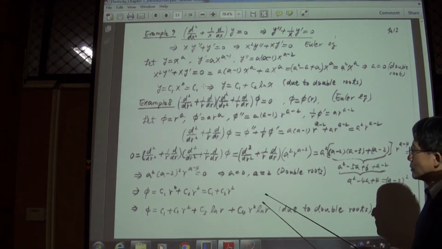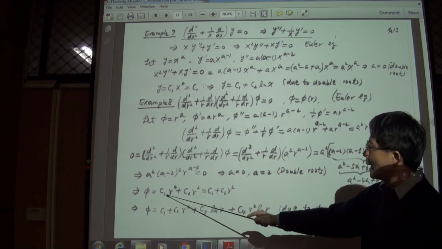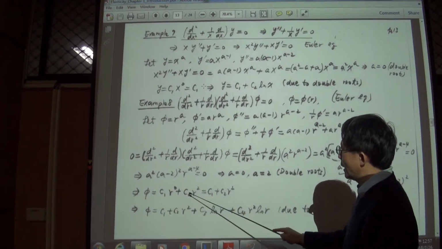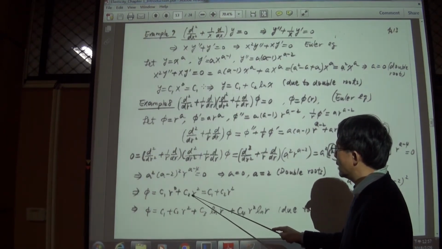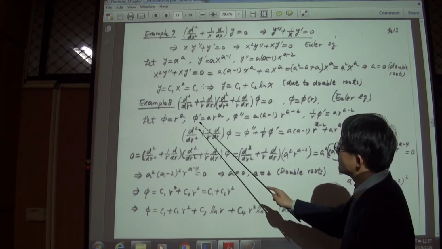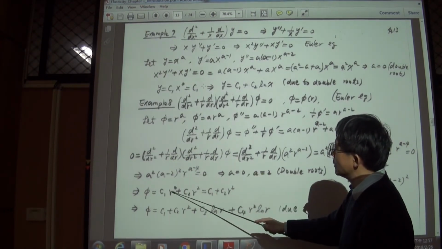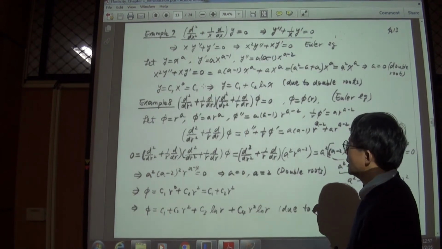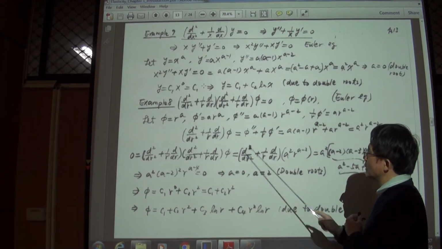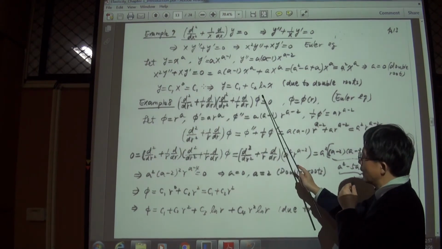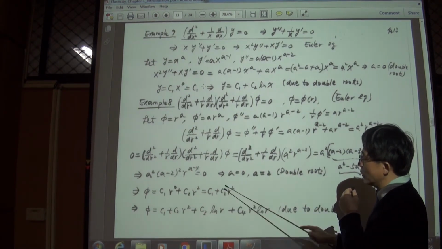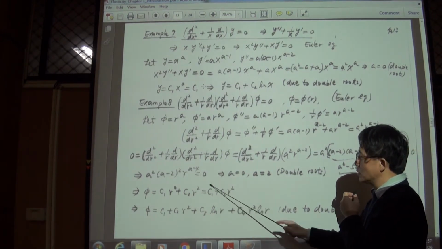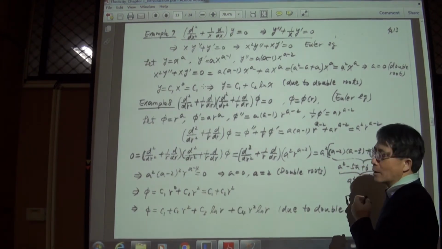The solution is written in this way. Phi equals C1 r^0 plus C2 r^2, because r^a, right? We know that this is a fourth order differential equation. Now the general solution is not complete because we have only two particular solutions.